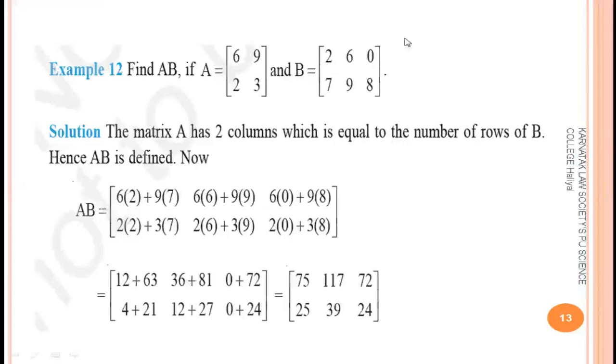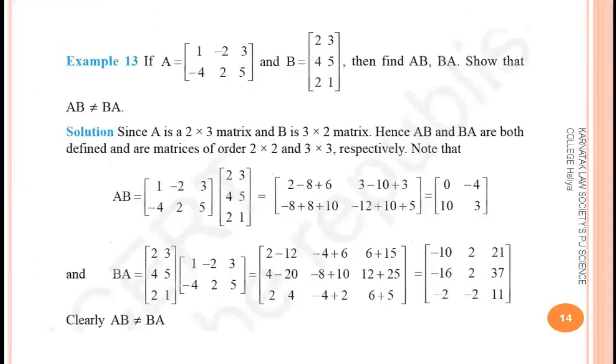Next, first row into second column. Likewise, first row into third column. Similarly, second row into first column, second row into second column, second row into third column. As you are seeing, in this way we will proceed with the product of matrices. Let us see another example.